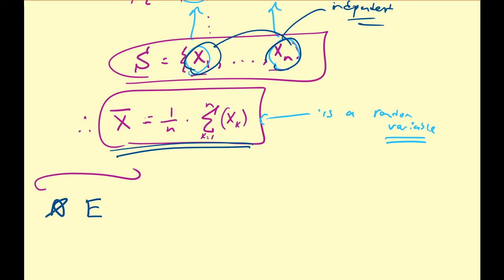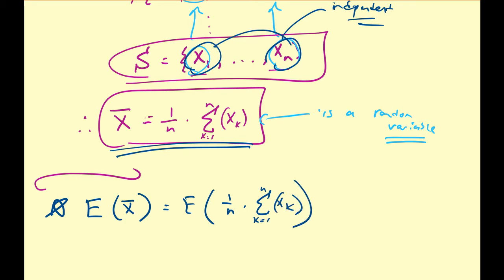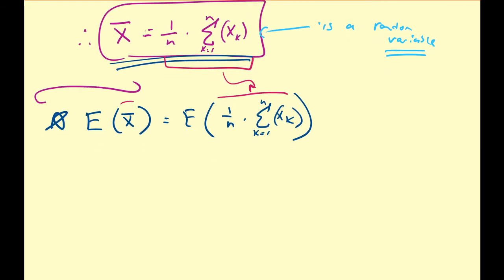What is the expected value of this sample mean? This is going to be the expected value of 1 divided by n times the summation from k equals 1 to n of each of these variables xk. Here I'm just replacing x bar with its definition.